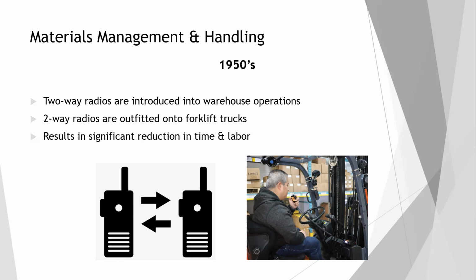So the forklift driver wouldn't have to drive all the way to one end of the warehouse and come all the way back only to find that they had made a mistake. So this really resulted in significant reduction in time and labor. And this was very similar to a walkie-talkie. It just allowed better communication and a lot less wasted time.